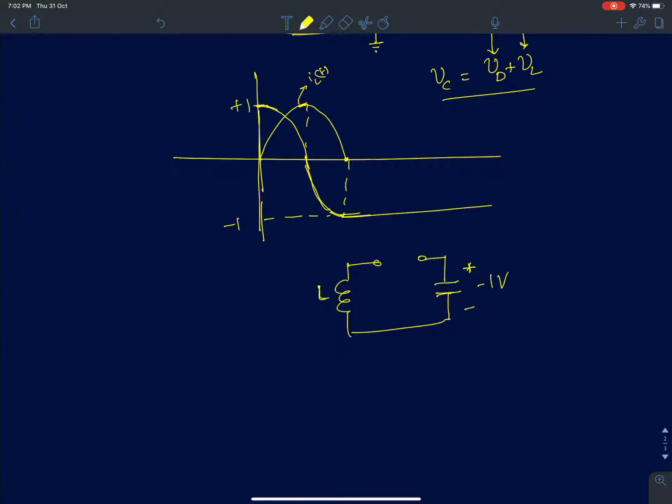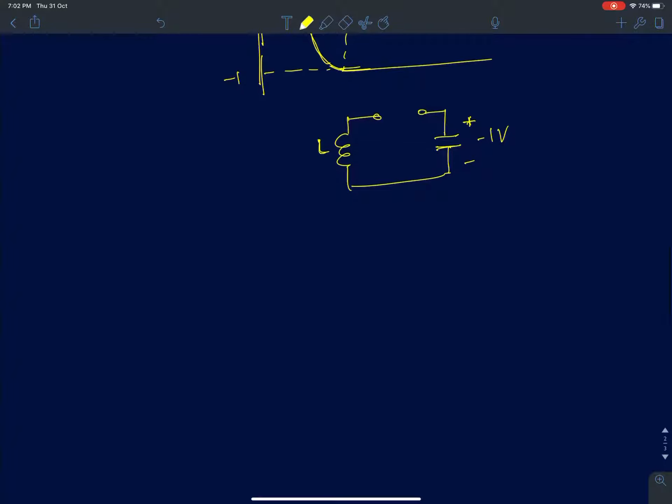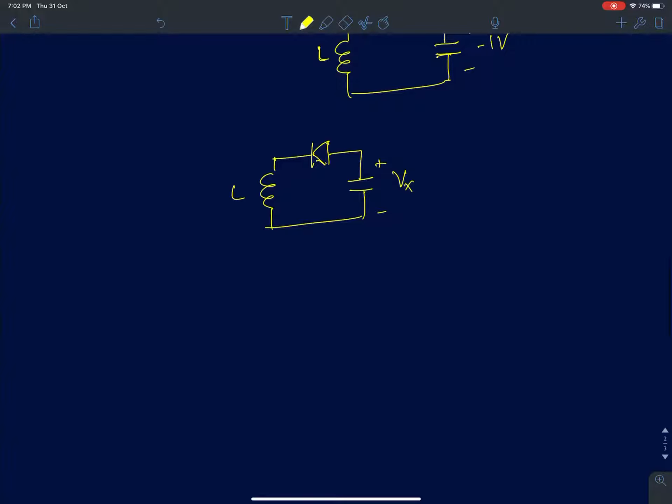It will stay at -1 volts forever. So in this circuit, what we saw is that if I charge the capacitor to an initial voltage of Vx, assuming the cut-in voltage of the diode V gamma is 0, it's an ideal diode, the voltage across the capacitor will start from Vx and reach -Vx and stay there forever.